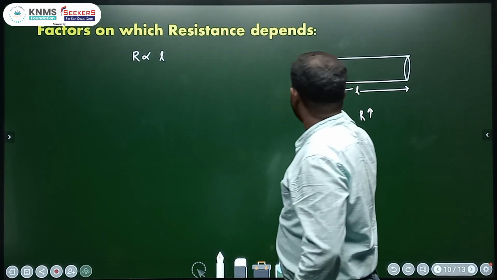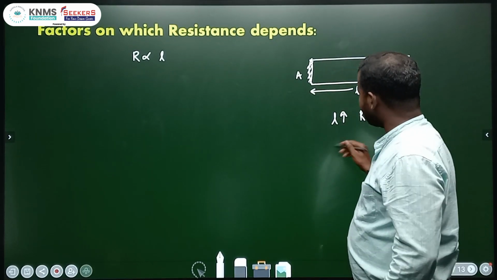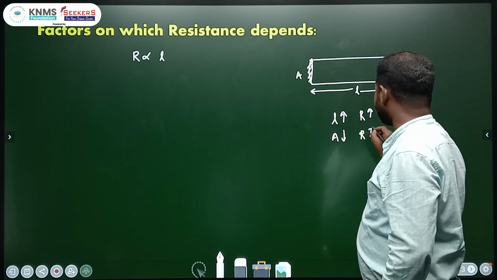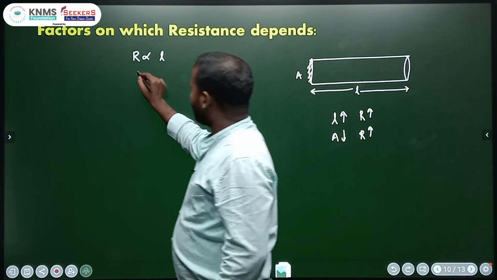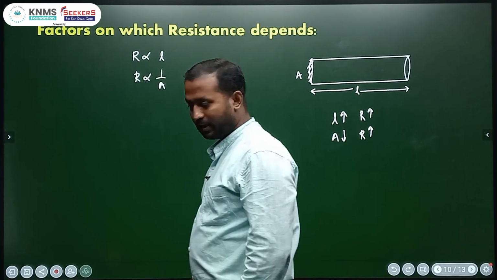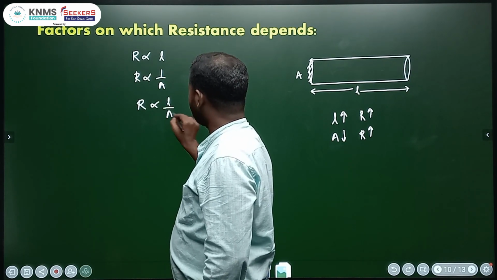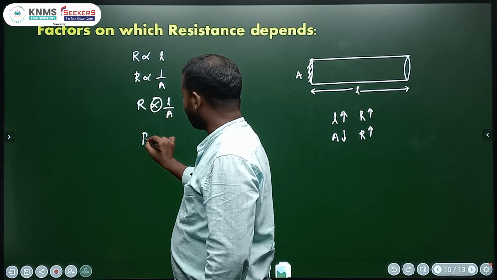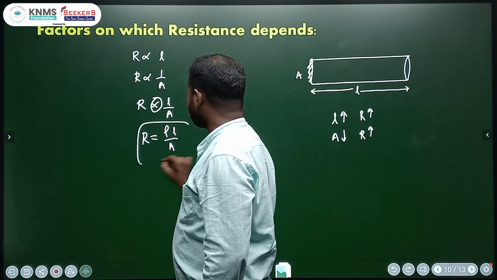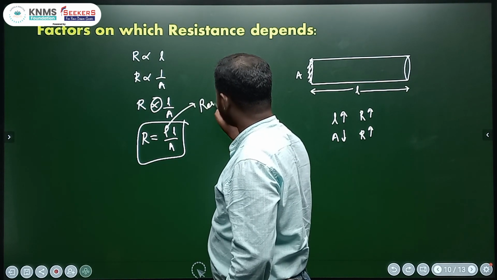It also depends upon area of cross section: the less the area, the more the resistance, so R is inversely proportional to area. Combining both, I get L upon A. If I remove the proportionality sign, I get R equal to rho L by A. What is this rho? Rho is called resistivity.